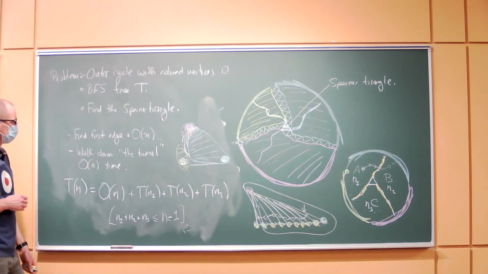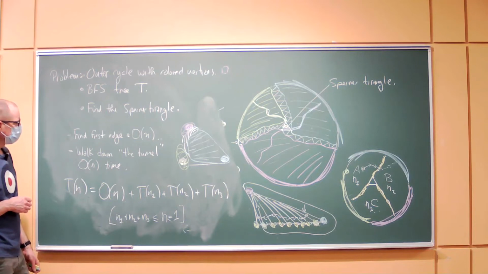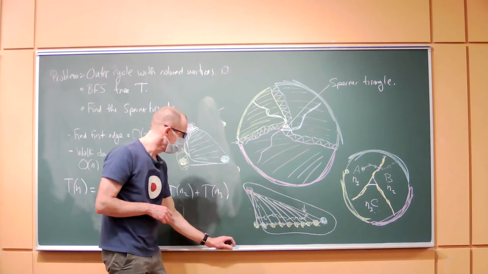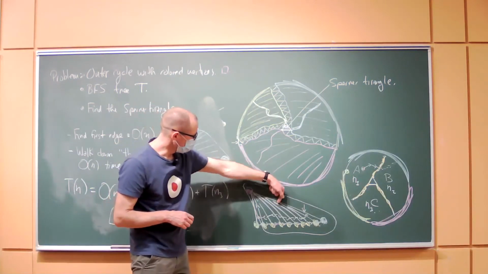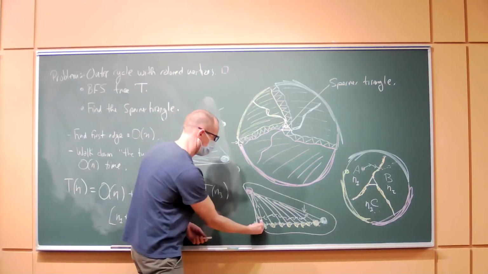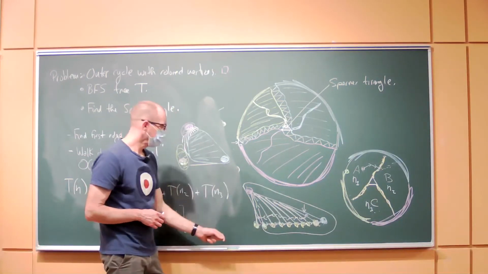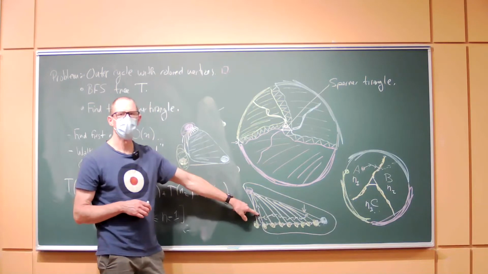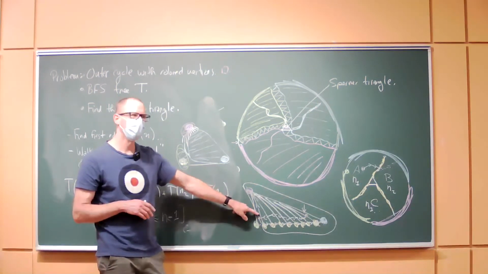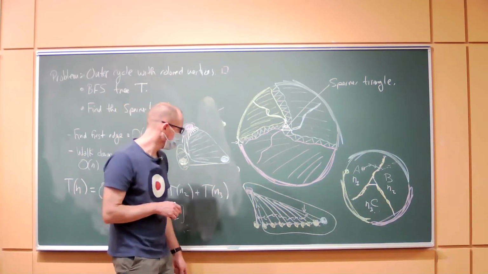Now, if I had done that here, where were the tunnels in this picture? Well, there's a tunnel here, there's a tunnel here, and there's a tunnel here, and the triangle I was looking for was right here. If I'd started at either of the other two locations, I would have found it in one step, not n steps.